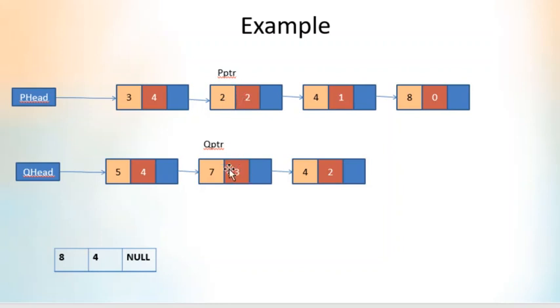Q pointer exponent is greater than p pointer exponent. When we are adding to the resultant linked list, we have to add in descending order. So this particular node is to be added next. Q pointer exponent is greater, so we have to add this node to the result polynomial. Just make a duplicate of this node and add it here.